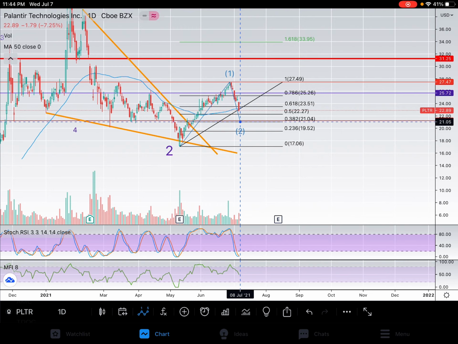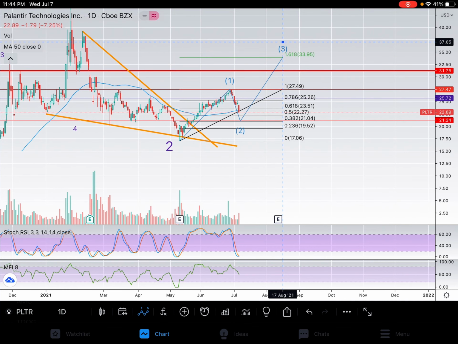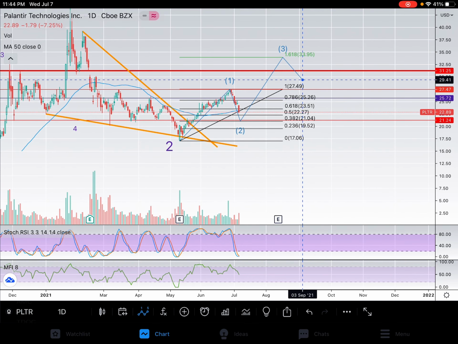And then wave 3 is the extension of wave 1, which is the 1.618 extension, which I got here, which is 33.95. I think we'll pull back somewhere around this area. It can't go past the wave 1 high of 27.49, so we'll say right here.